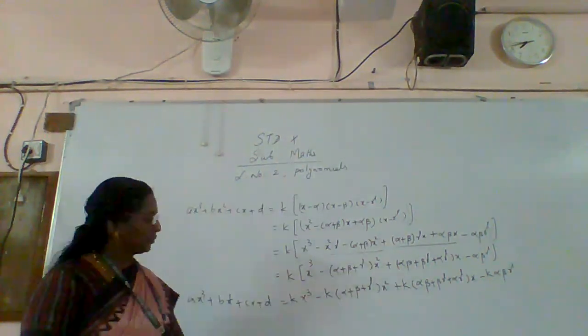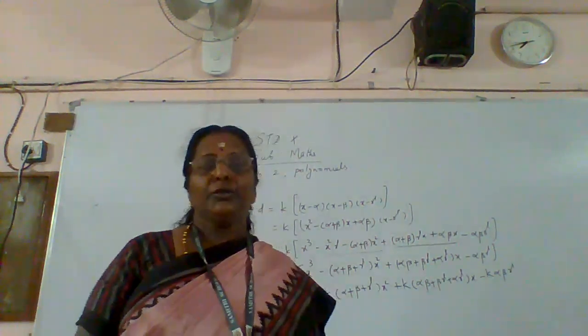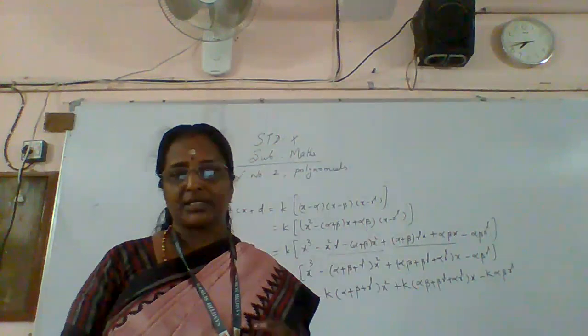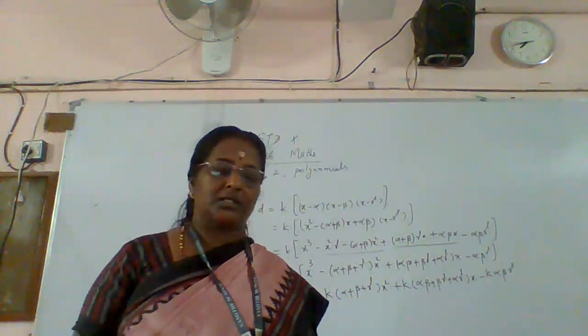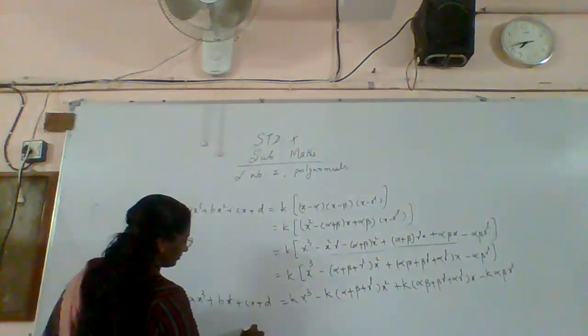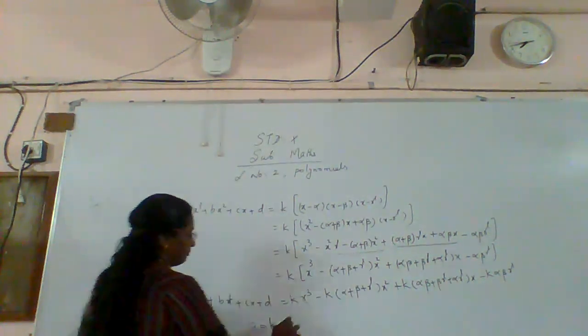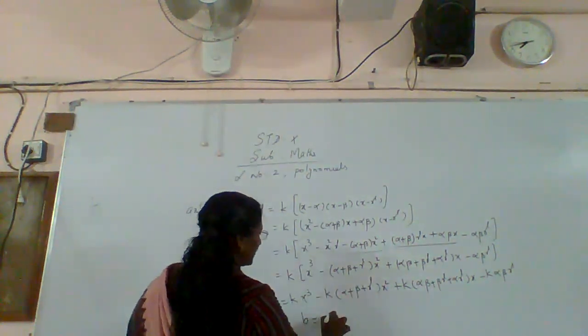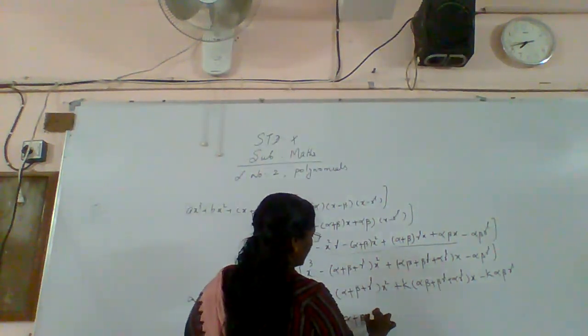As usual, same method as yesterday's quadratic polynomial: you compare the coefficients of x cube, x square, x and the constant. Comparing the coefficients, a is equal to k, and b is equal to minus k into (alpha plus beta plus gamma).